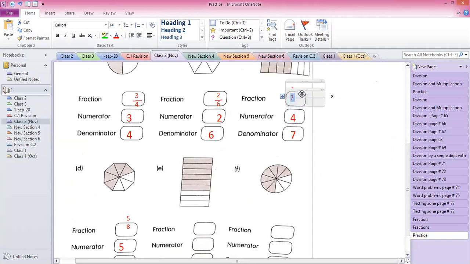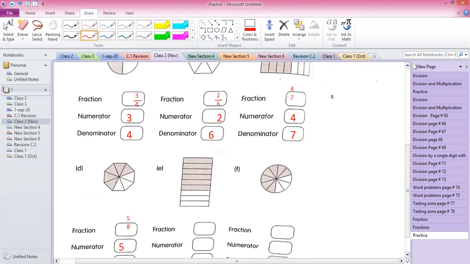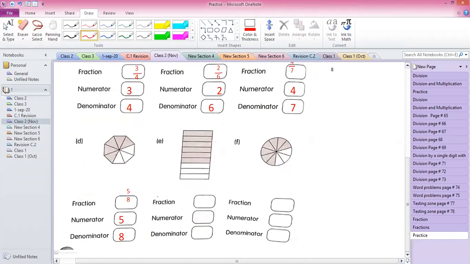So you write 7 here and draw a fraction line. 4 by 7, and this is 5 by 8.